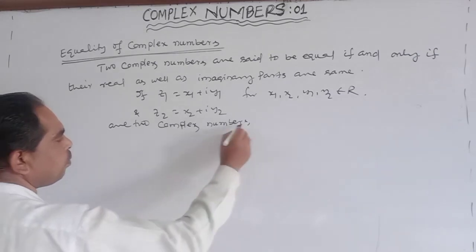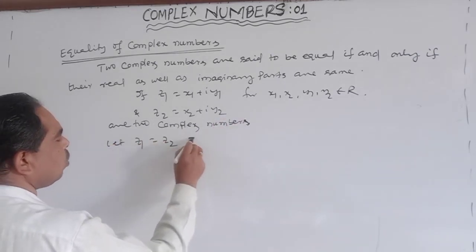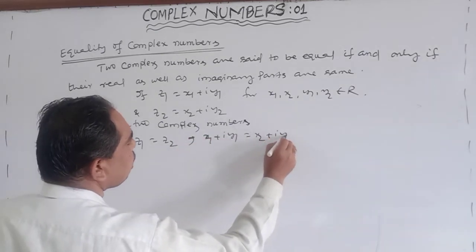Let z1 is equal to z2, that implies x1 plus iy1 is equal to x2 plus iy2.